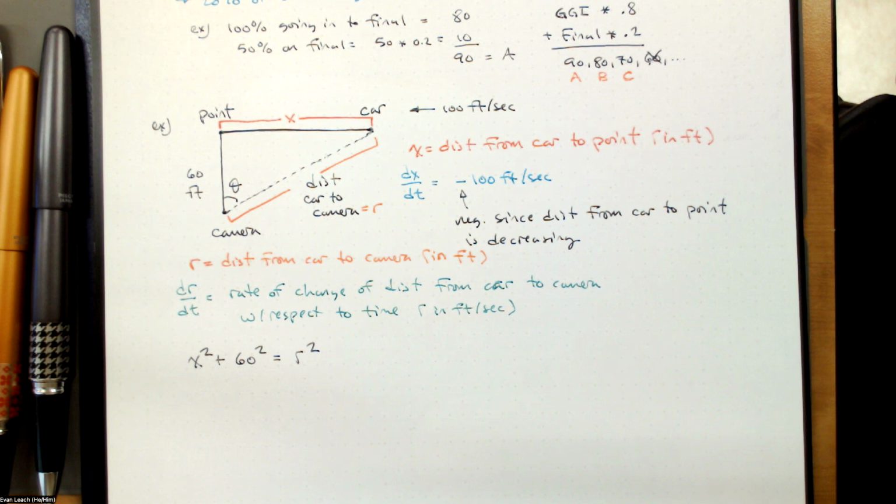Now we have a few things that we can do. We can write r as a function of x and take the derivative that way, or we could use implicit differentiation. In either case, if we solve for r and then find the derivative, we'll be finding the derivative of r with respect to x, and we'll have to multiply by dx dt.